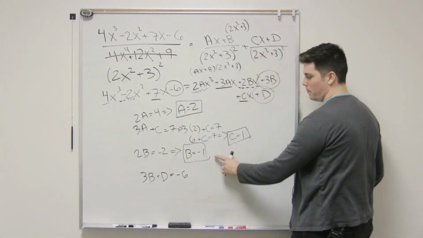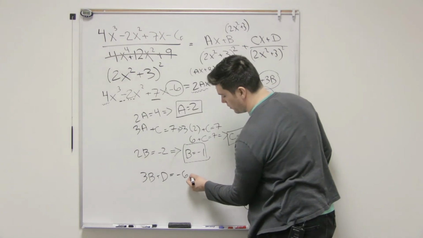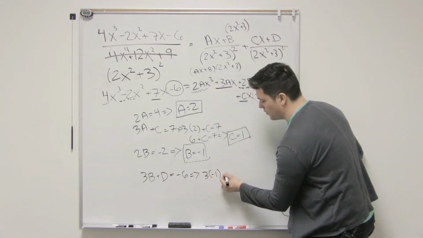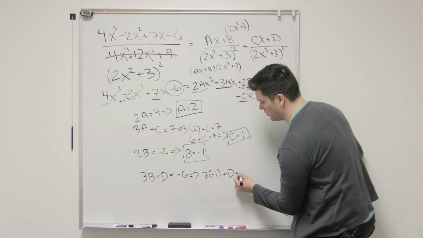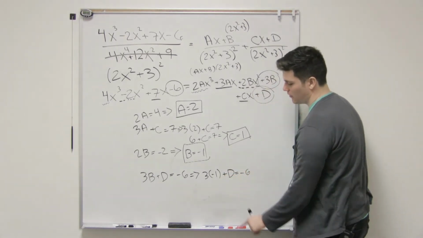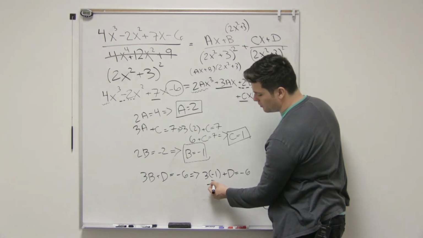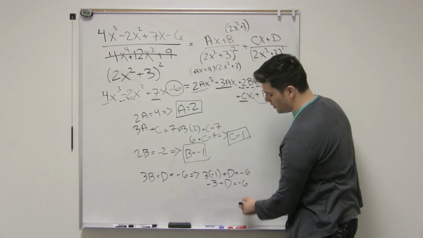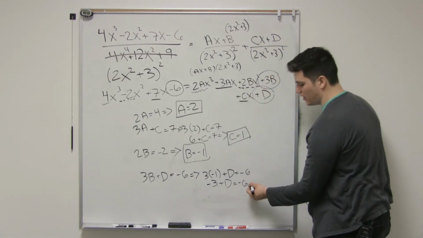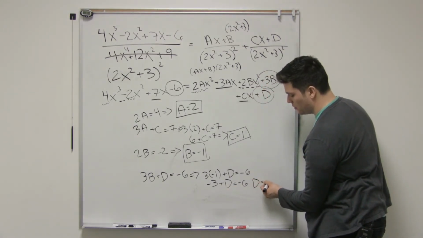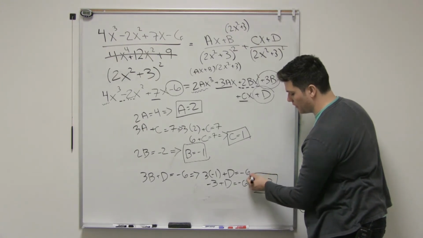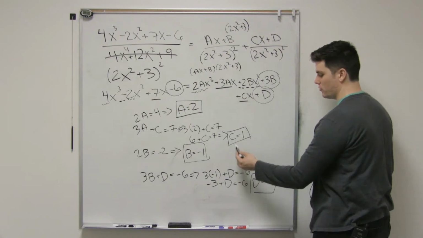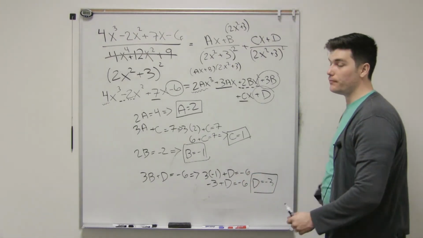We already found b to be -1, so 3 times -1 plus d equals -6. 3 times -1, -3, plus d equals -6. Add 3 to both sides. D then equals -3. So a is 2, b is -1, c is 1, d is -3.